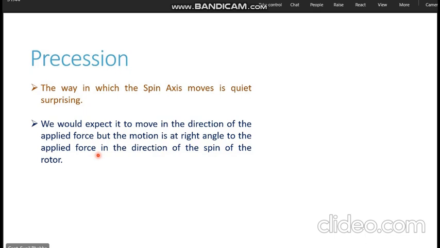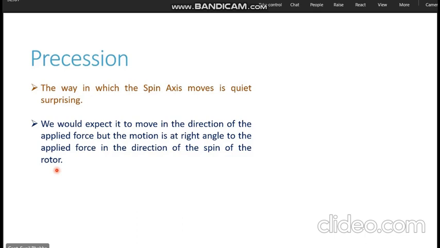Now, if you talk of right angles, there will be two directions at right angles to the applied force. So in which direction will the spin axis move? It will be at right angles to the applied force, in the direction of the spin of the rotor.